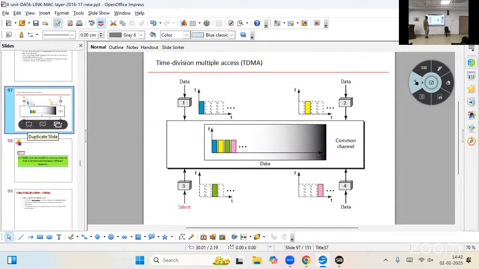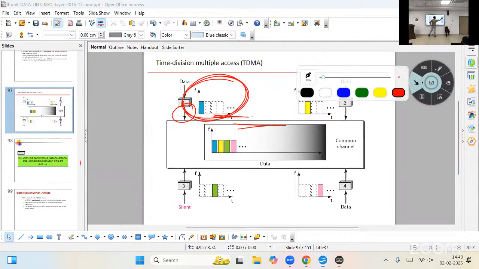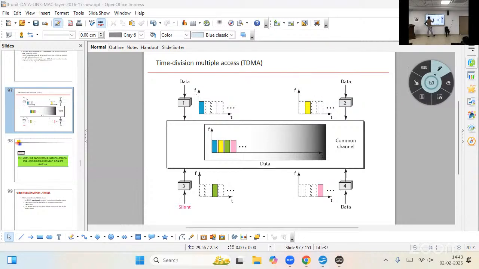Here, according to the diagram, you can observe time slot one, for example. Sender 2 wants to send the data, and 3 and 4 in their time slots. The second one sends the data, and in the fourth interval they will be sending the data.